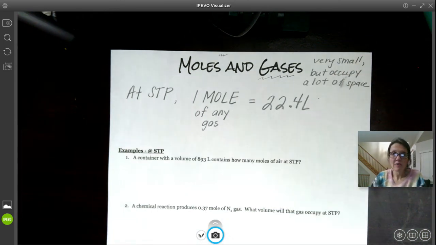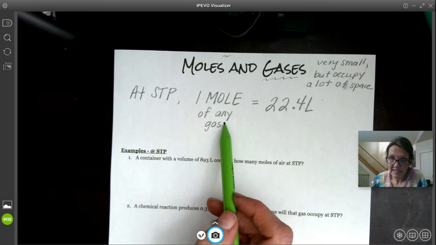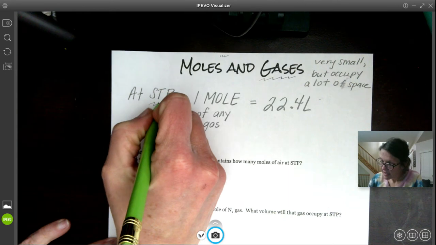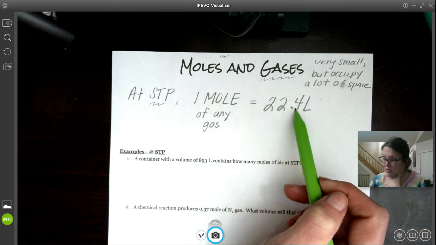Now, a few things I want to point out about here. Notice that it's for any gas. It doesn't matter which type of gas it is. So whether it's hydrogen gas or water vapor, or carbon dioxide, or any other gas that you can come up with, if it's held at STP, then the volume that that gas will occupy is 22.4 liters. So 1 mole is equal to 22.4 liters.